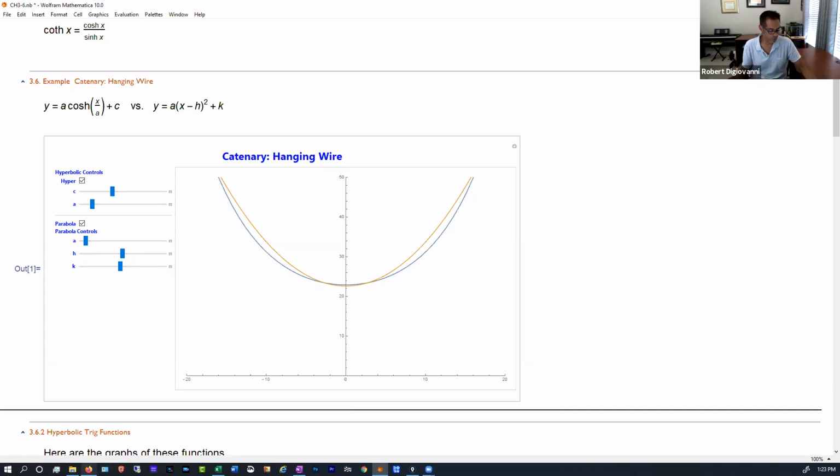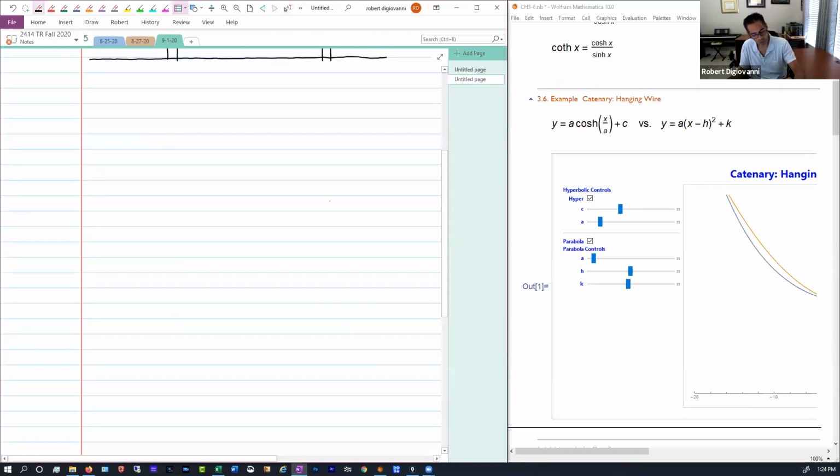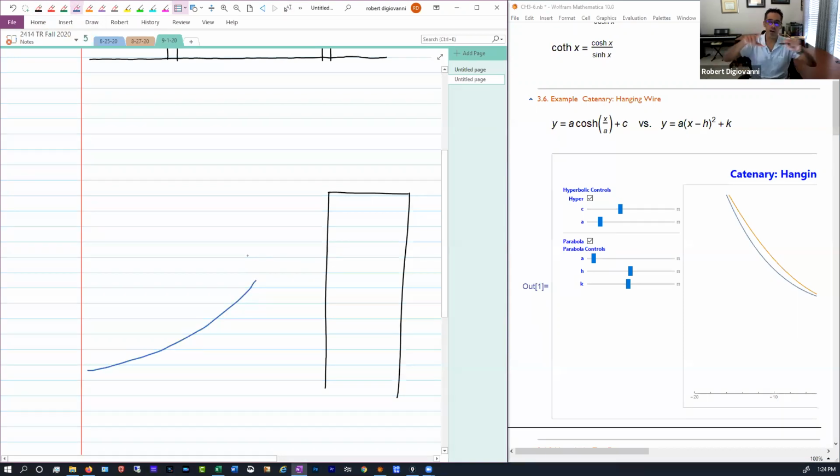So when would we ever see something like that in the real world? Let me go back to this wire example. Let me zoom in. Let's imagine we have that pole, and we have our wire coming into this pole. Think about power lines, like electricity.